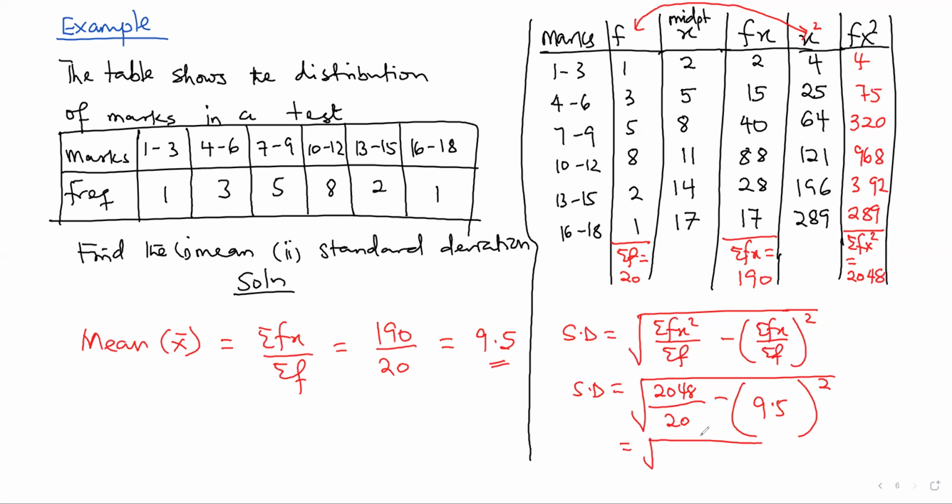So 2048 divided by 20 is 102.4 minus 9.5 squared, which is 90.25. When you subtract, you will get 12.15, and the square root of this is 3.4857, which approximately can be 3.5. So this is the standard deviation.